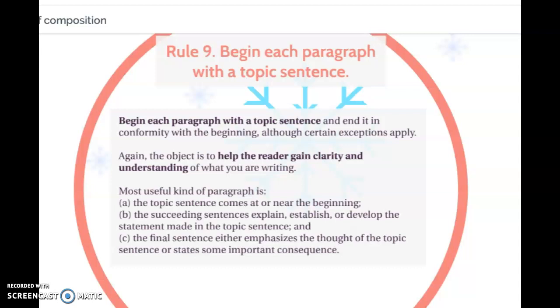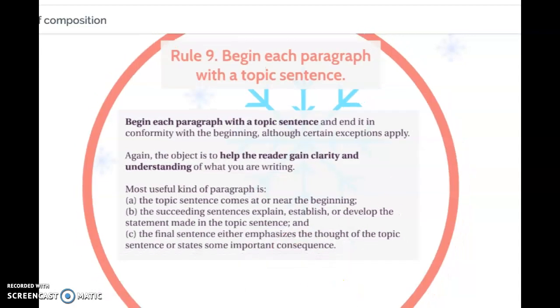Topic sentence, supporting sentences, then examples or evidence, and finally, concluding sentence. Okay? This is the structure, and it's going to help the reader in gaining clarity about what you're writing.